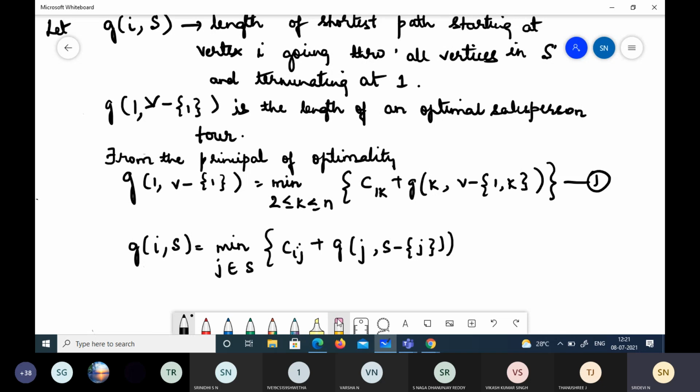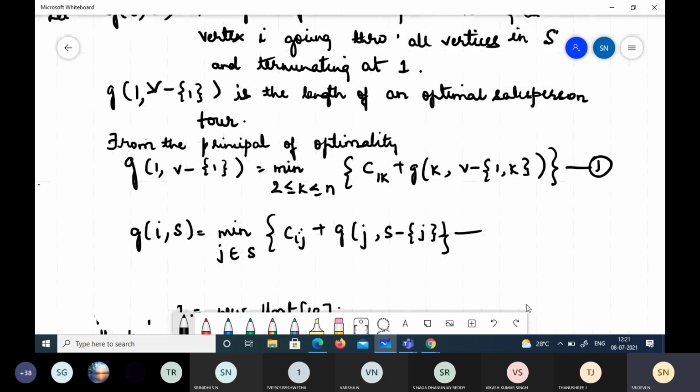So this is your final relation, which we use in order to find the shortest path, or the simple tour which starts and ends at the same point. Note down this.